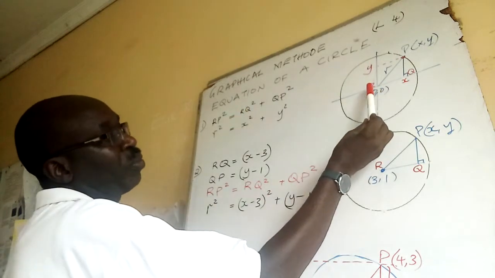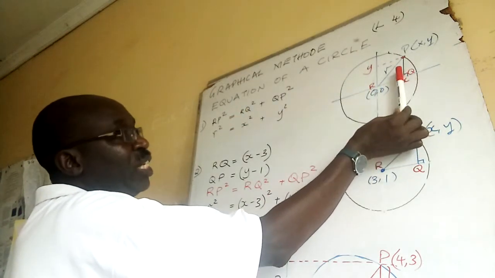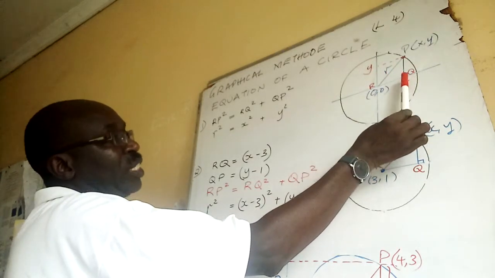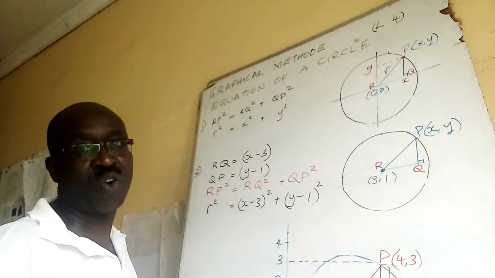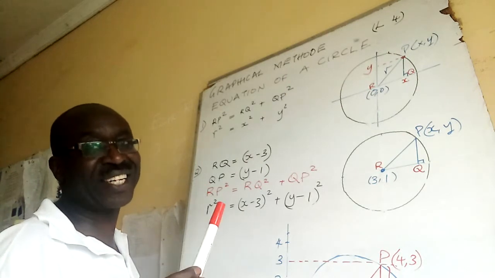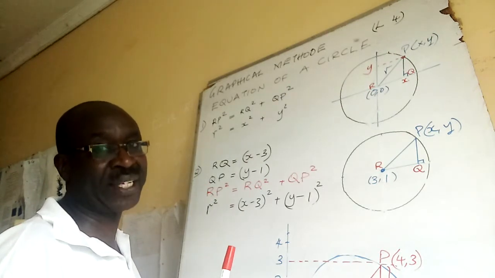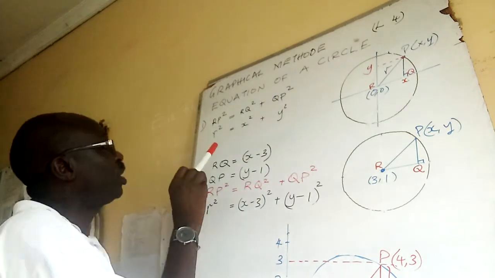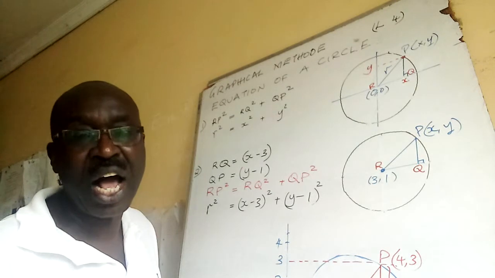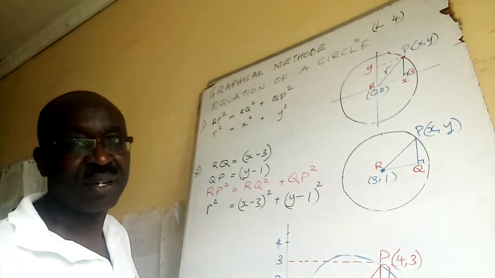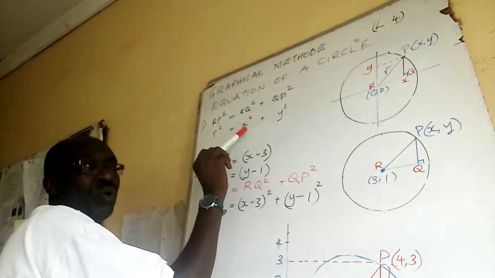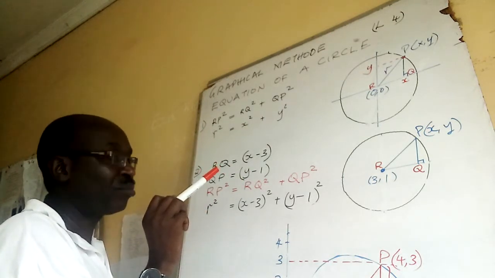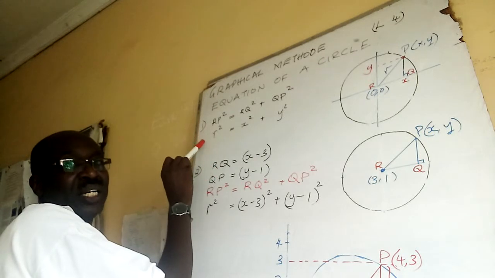For RQ, it is this number minus this number, in my case x minus 0. The x's are subtracted, the y's are subtracted. Then you get that relationship. So this is a general formula that tells us there is a circle whose center is the origin and it has radius r.